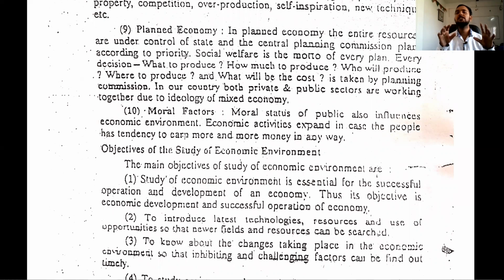All these decisions are taken by the government, and an individual firm or company does not have much power or position to take decisions by themselves. There is much interference by the government. But in countries like India, which has adopted a mixed economy, public and private sectors both work together. So the planned economy affects the company very much.